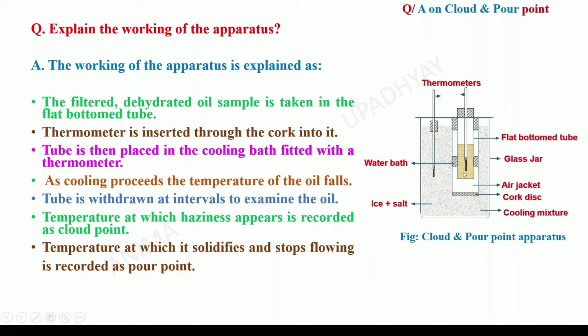The tube is then placed in the jar containing the cooling mixture, and there is a gap between the jar containing the cooling mixture and the flat bottom tube, and this is called the air jacket, so that the moisture should not attack the flat bottom tube containing the oil.